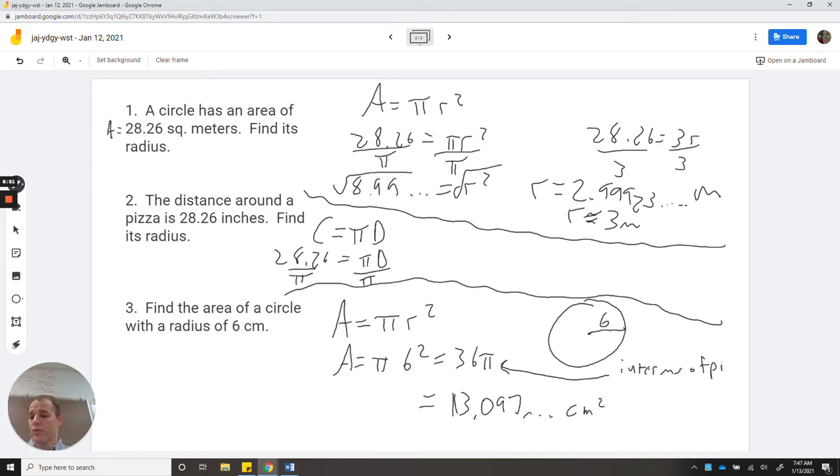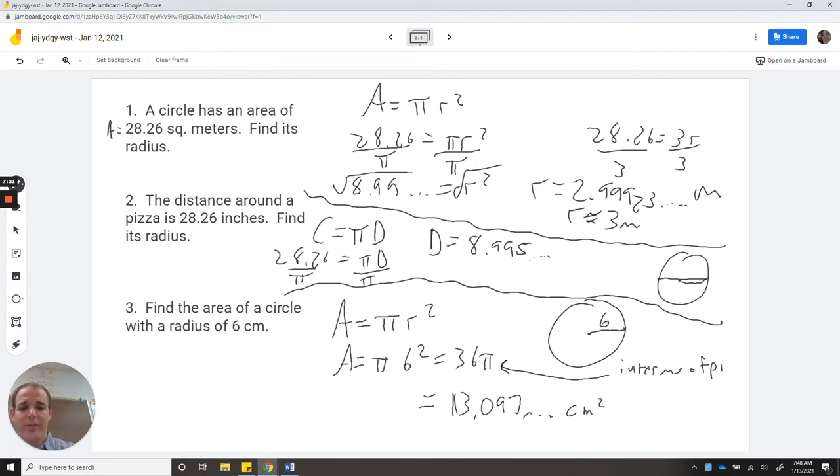Okay, 28.26 divided by pi. And again, same thing as up there. I'm going to get diameter 8.995, and there's more numbers after that I don't want to write, so just put dot, dot, dot. Now the diameter is all the way across the circle. I only want from here to here. I want the radius.